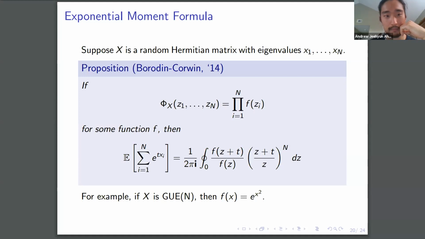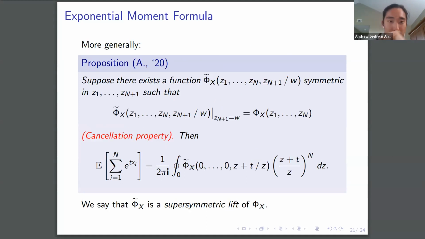And so this is given by the following proposition. More generally, we have the following: if you can find some function phi tilde x, so this phi tilde x is going to be a lift of this phi x. And in what sense do I mean this? So phi tilde x is going to be a function in n+2 variables.